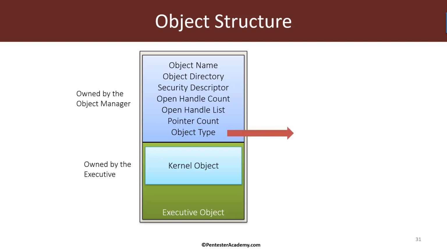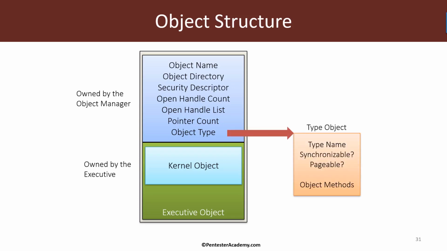Then there's a pointer to the object type, that's the class, so to speak, from which this structure was created. There's an object type, which is another object in itself, that gives generic information about the type of the object, which is not per instance but on a per type basis. So we have something like the type name. A process is a type name, an event is a type name for event objects, and so on.